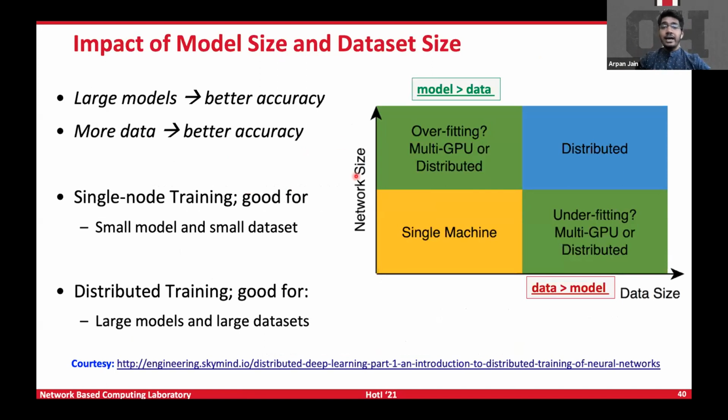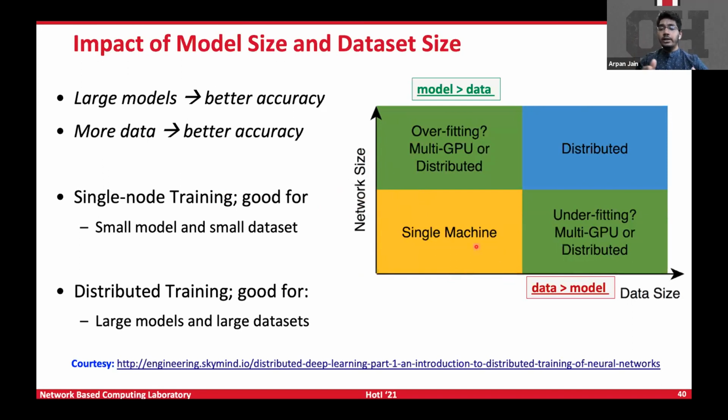Okay, so now, when should we use distributed training? Should we use it for all model sizes? Well, the answer is no. Here we are showing a figure with respect to network size and data size.